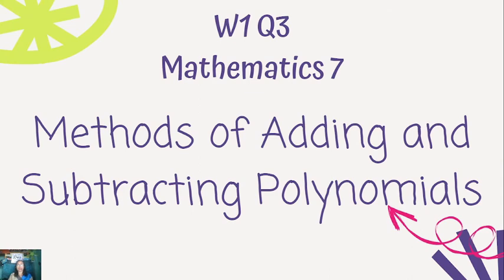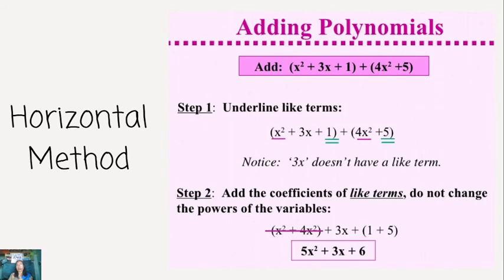That's it. Okay. So what are the three methods in adding and subtracting polynomials? Actually, I have already shown you the first one, the algebra tiles, but it is good for you to know, or maybe you already have this in mind, the horizontal method and the vertical method.